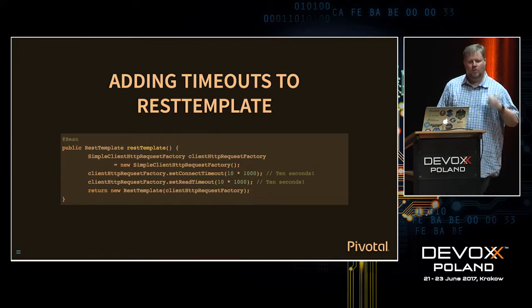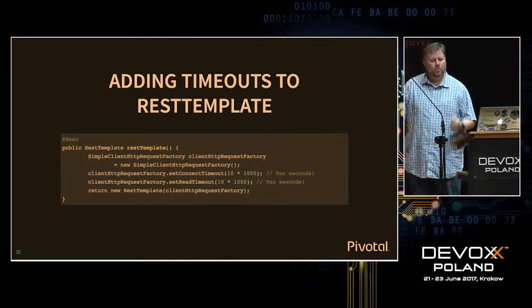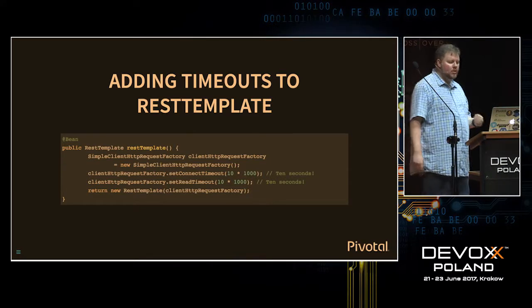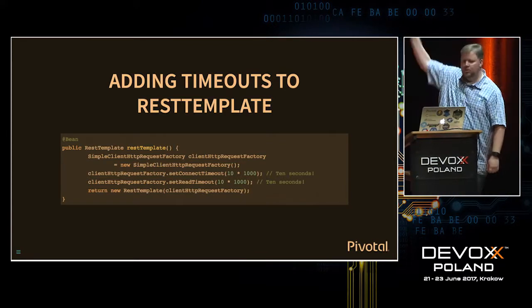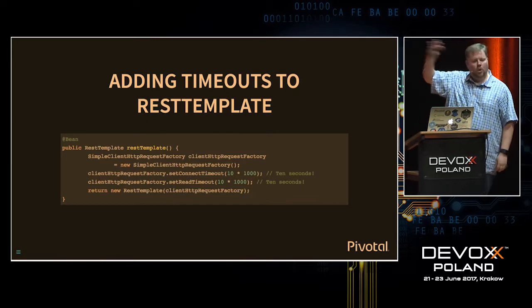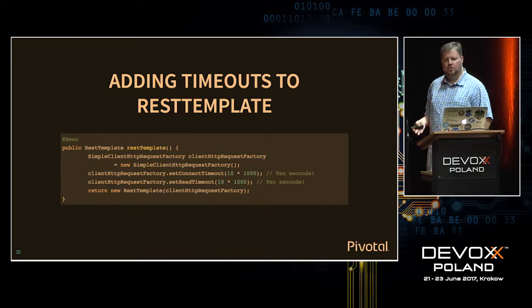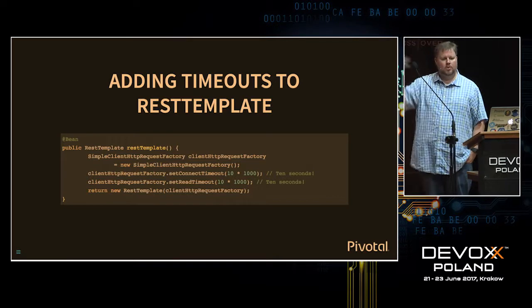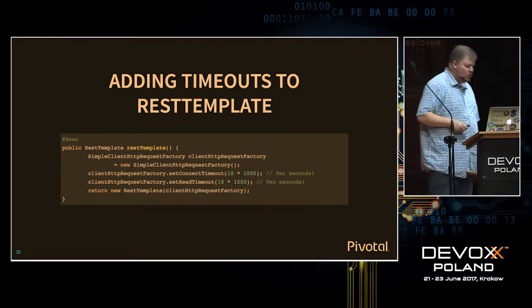And so if you want REST template to ever actually time out, you have to go in when you create that bean and configure it with connect and read timeouts. Very simple to do. If you don't do it, just know that REST template's not going to save you when it comes to an HTTP request that never actually gets a response and holds an open connection. It will wait as long as you will let it wait.